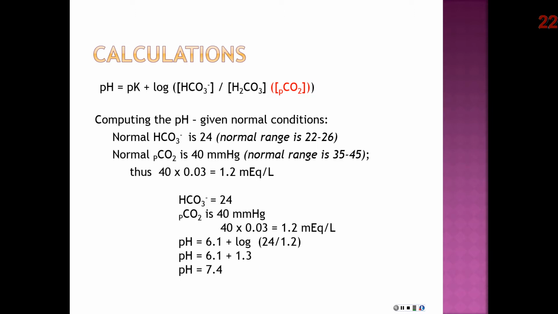I haven't put in the 6.1, I'm just doing this piece of the function here. I hit the log key, then I hit a parentheses key, 24 divided by 1.2 parentheses, and then hit equals, and I get 1.3.